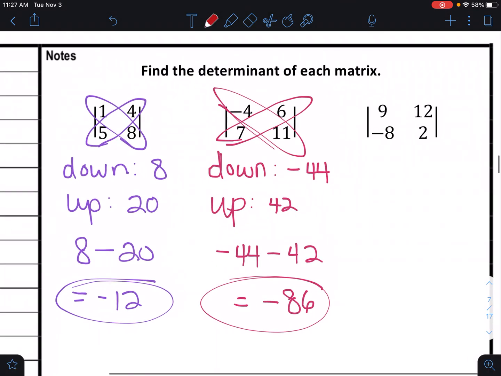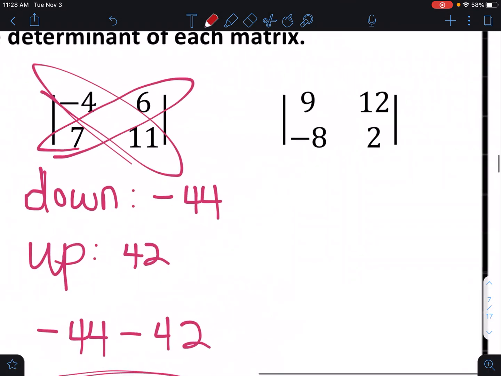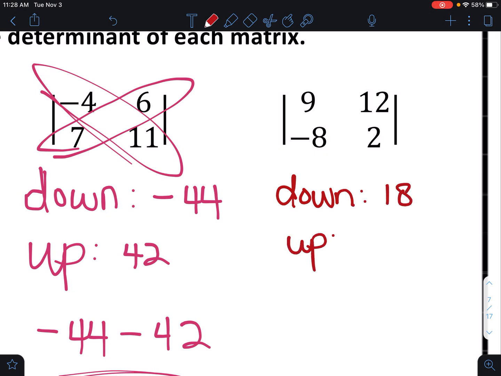All right, this last one. Again, down diagonal. So 9 times 2 is 18. Up, -8 times 12 is -96.